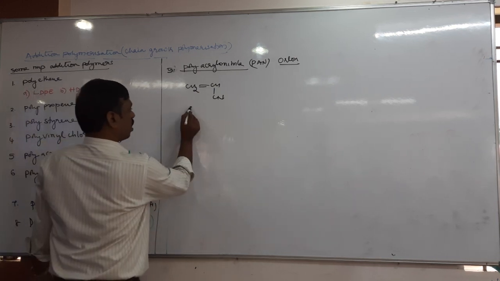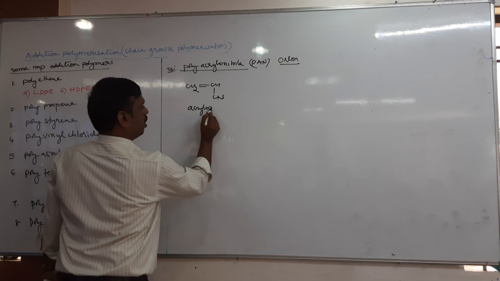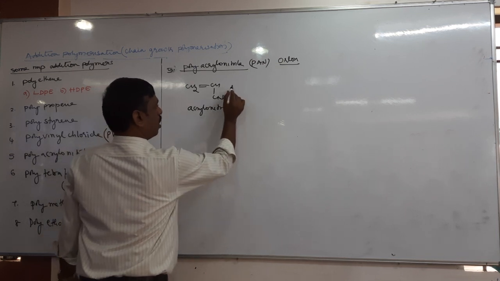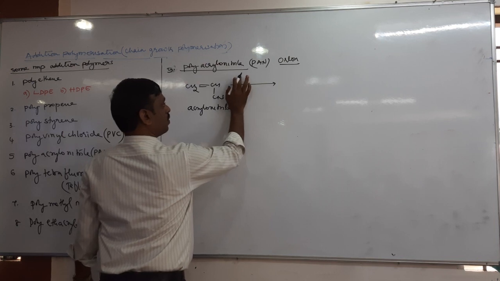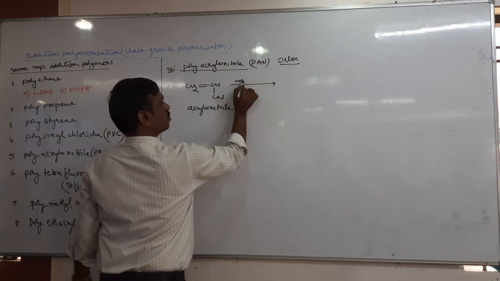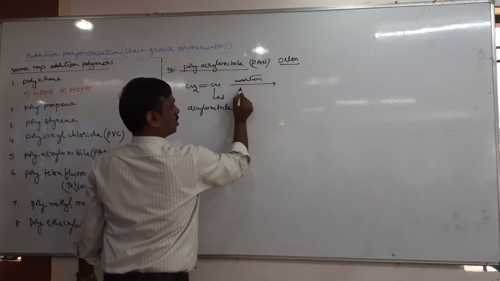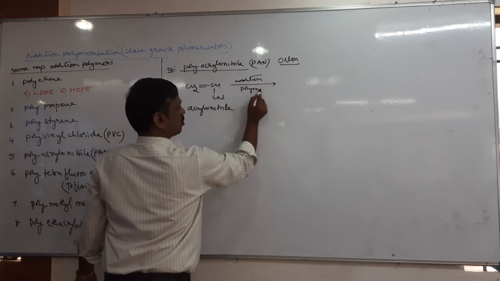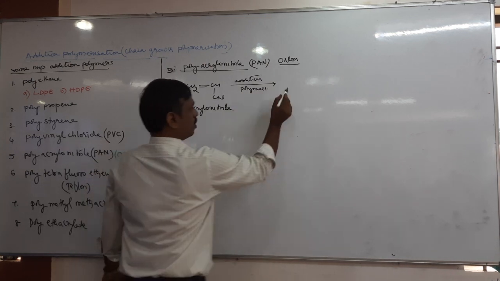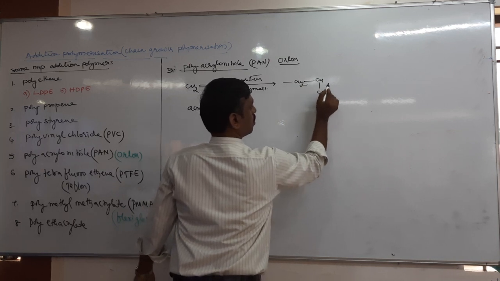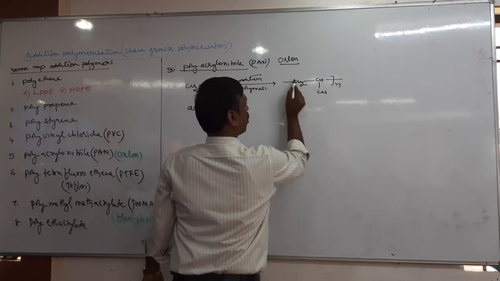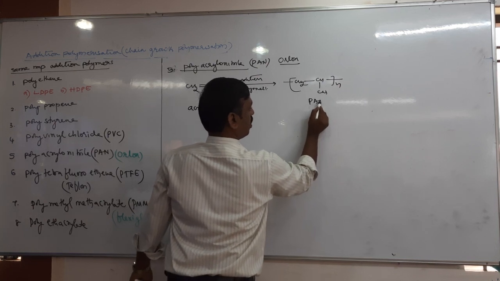Right. This is acrylonitrile. It undergoes polymerization at high temperature and pressure, it is addition polymerization. It gives rise to polyacrylonitrile, PAN.